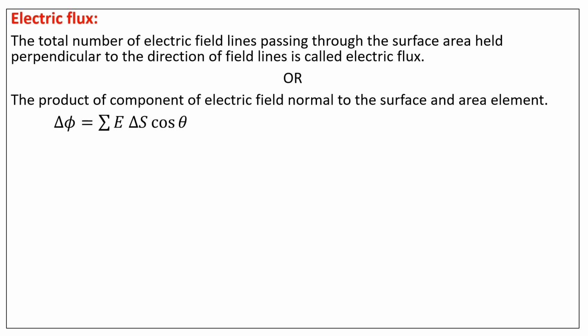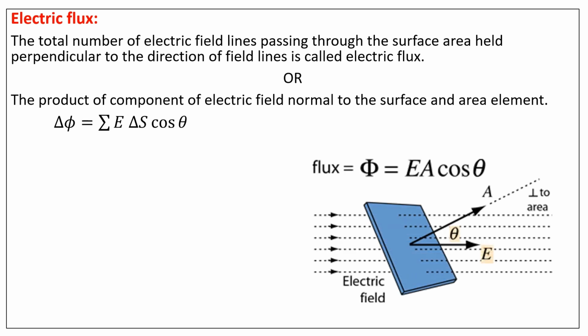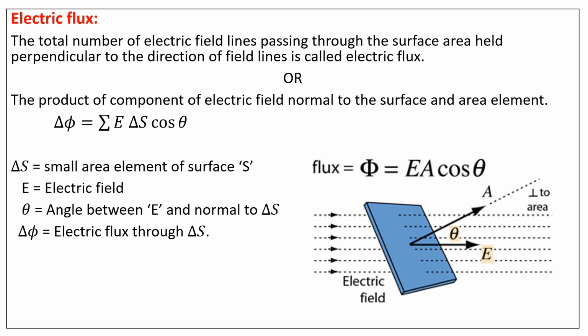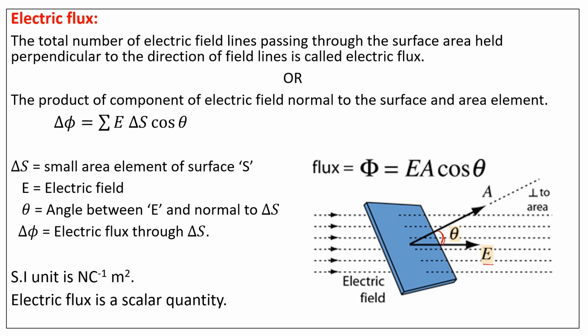Delta phi is equal to summation of E delta S cos theta, where delta S is a small area element of surface S, E is the electric field, and theta is the angle between E and the normal to delta S. Delta phi is the electric flux through delta S. The SI unit is Newton meter square per coulomb. Electric flux is a scalar quantity.